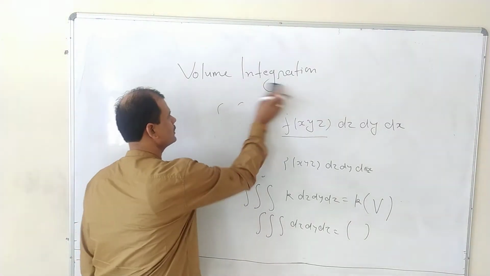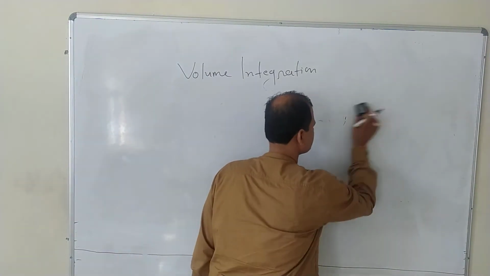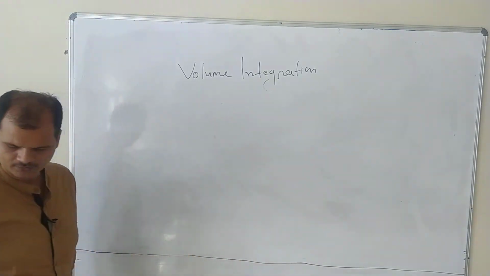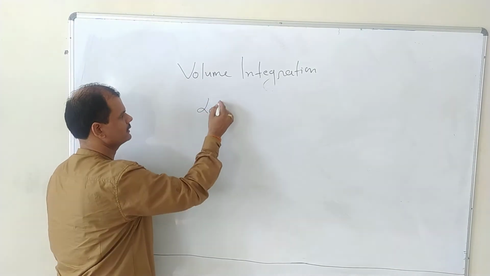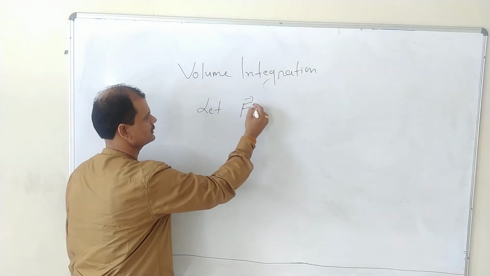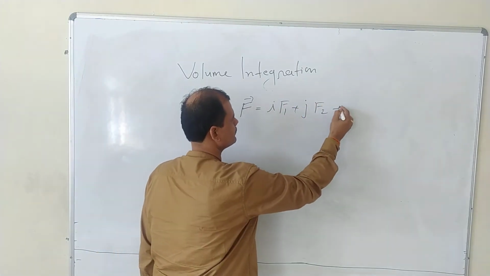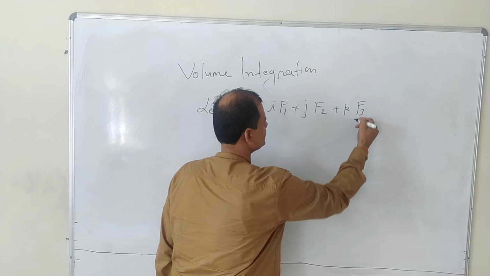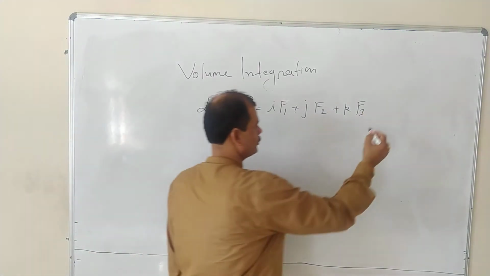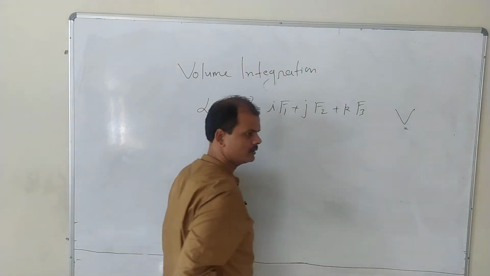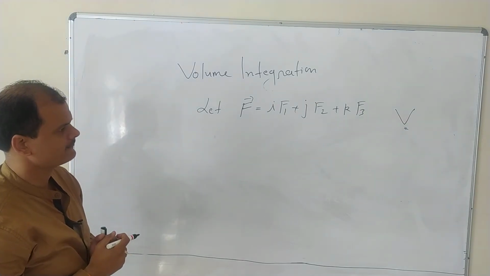Okay, but now we are in vector calculus, so let us see what is the volume integration in vector calculus. So let f be a vector, that is i f1 plus j f2 plus k f3. F is the given vector and V is the given volume.